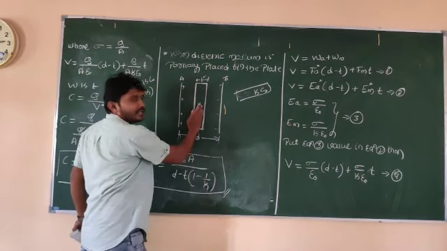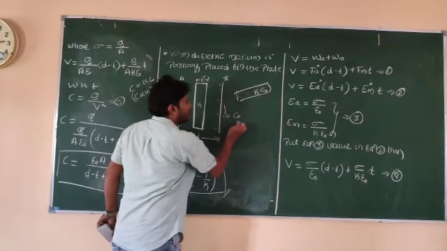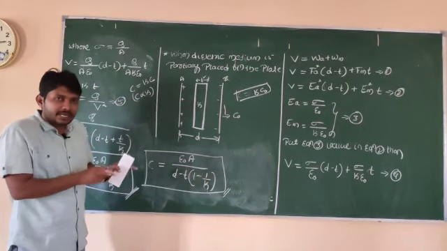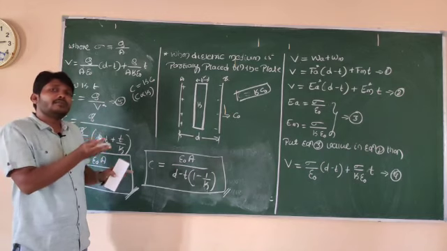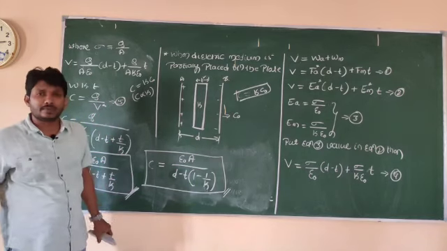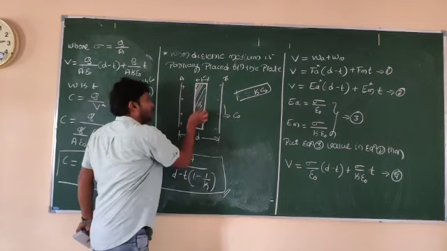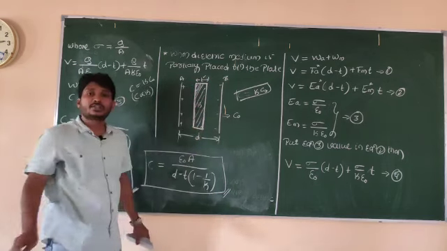For example, if the dielectric medium is not there, its capacitance value will be C naught here. So after placing the dielectric medium also I want to get the same capacitance value, so what should I do here?